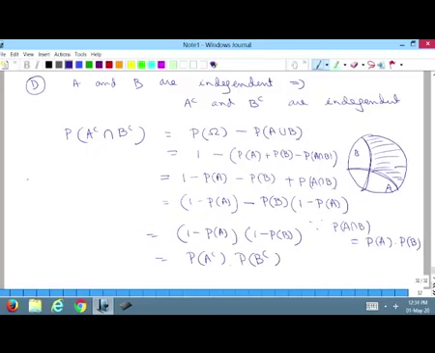Therefore, A complement and B complement are independent.